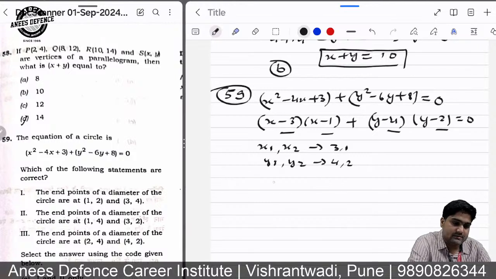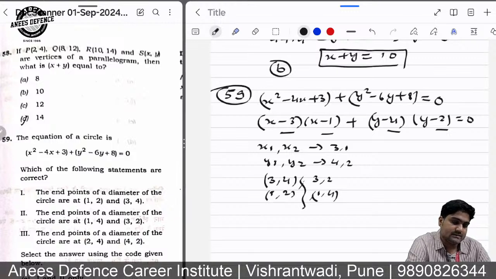Pairwise, how many pairs are possible? One is (3, 4) and so (1, 2), and another is (1, 4) and (3, 2). Okay, let's check the options.